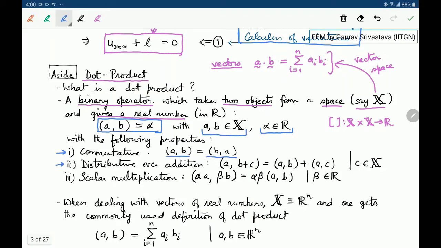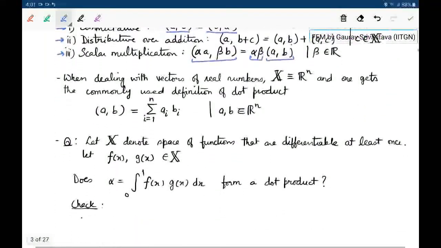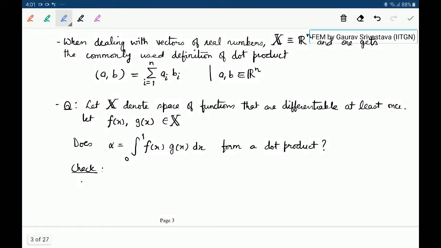Second is distribution over addition, which means A dot (B plus C) is equal to A dot B plus A dot C. Here C is another vector from the same space X. And third is scalar multiplication, which means alpha times A dot beta times B is alpha beta times A dot B. You can visualize that for vectors, all of these properties are followed. So any operator which takes two such arguments and gives a real number can qualify as a dot product. Now for vectors, you are already aware of this definition.